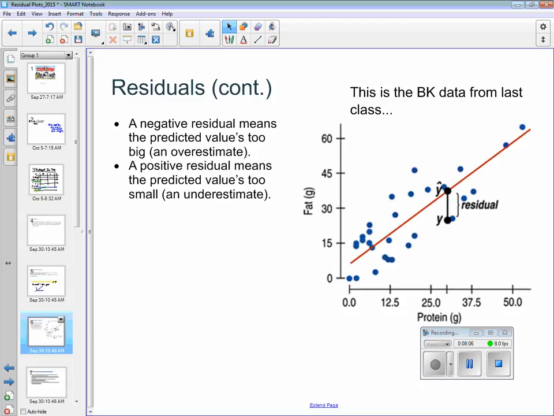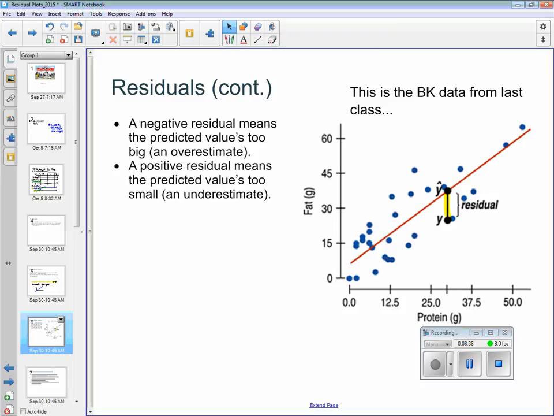But if you notice, this point here is the y value. It's the observed value. All of the blue dots are the observed values, where the red line is the predicted value. So if I'm trying to find a residual, the residual is simply going to be the distance from the observed, which is the blue dot, minus the predicted.